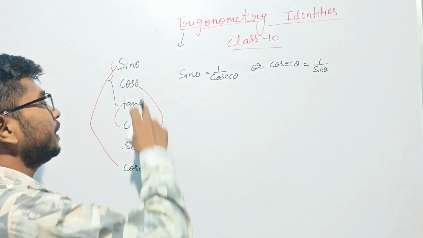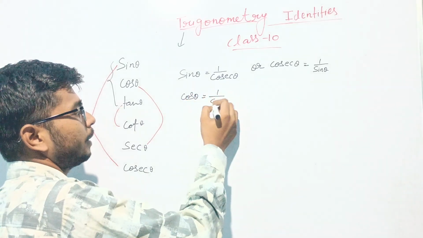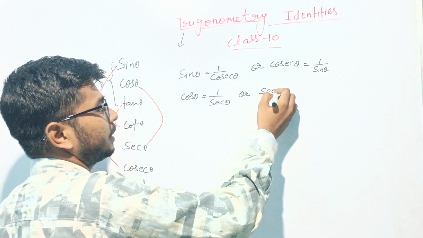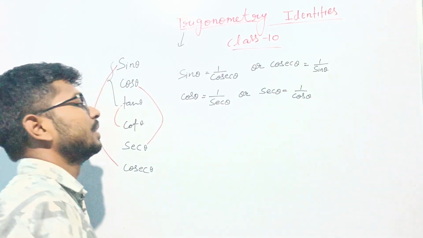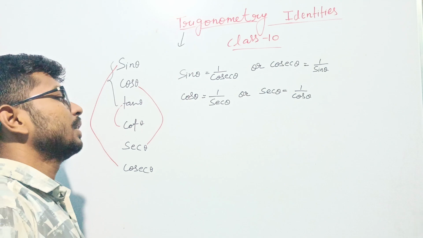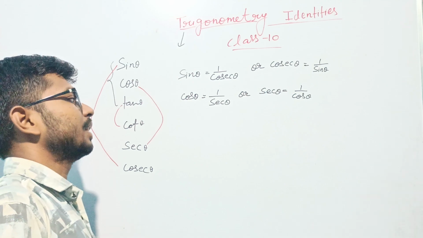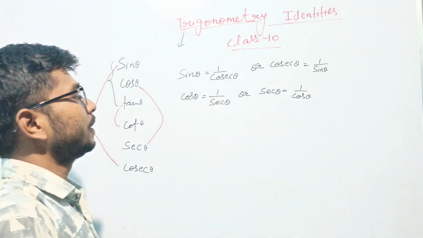Similarly, cos theta is equal to 1 upon sec theta, or sec theta is equal to 1 upon cos theta. So these are also reciprocal to each other, right?